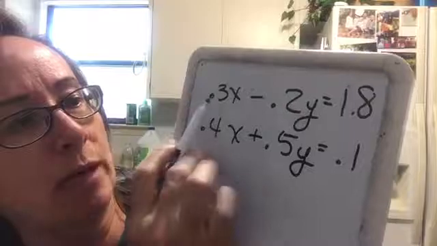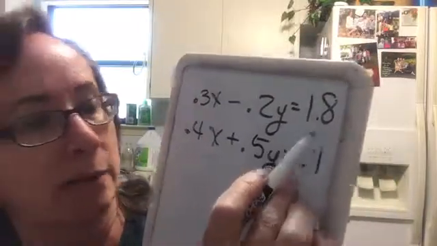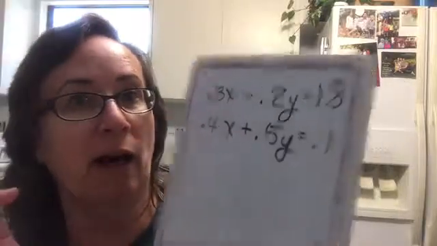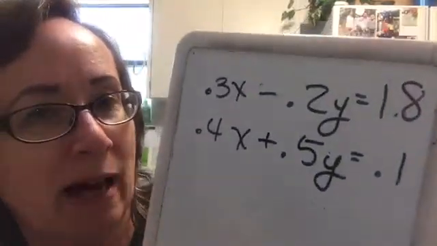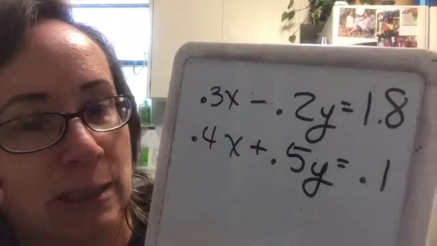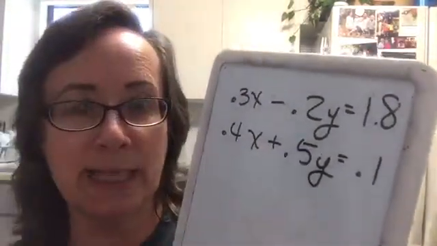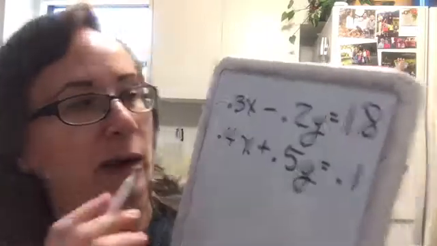So this one has one decimal place in each number. All of them would be cleared out if we just multiplied both equations by 10. And that's what we're going to do. Remember, when we multiply by 10, we move one decimal place to the right.